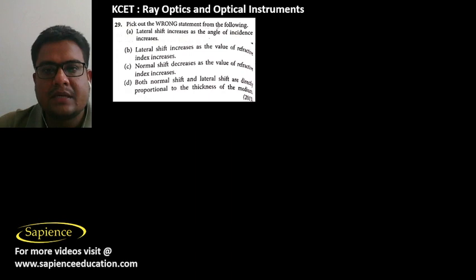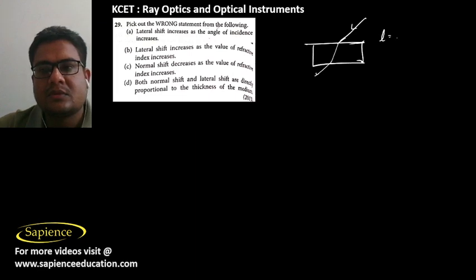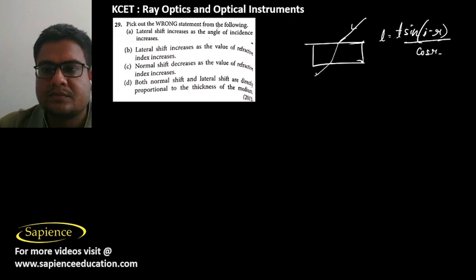So the lateral shift in a glass slab is equal to t sin(i minus r) by cos r.